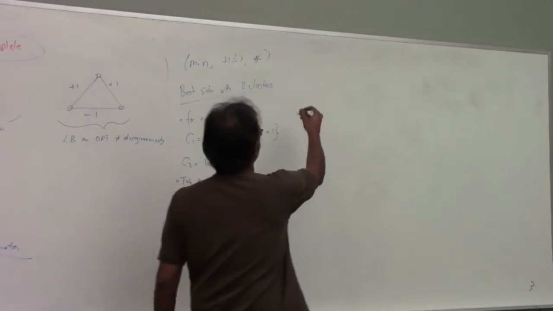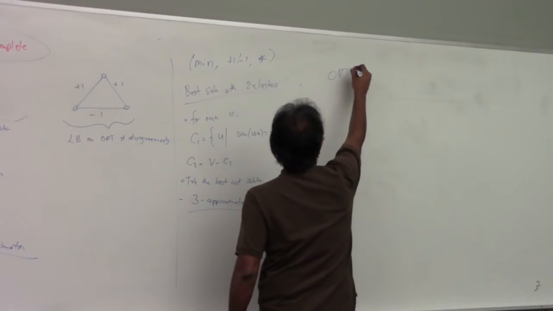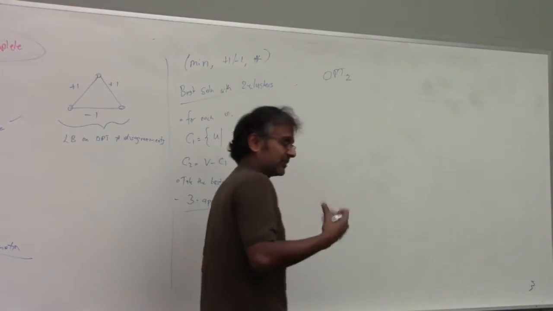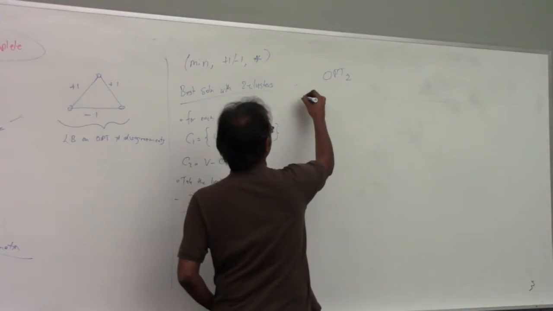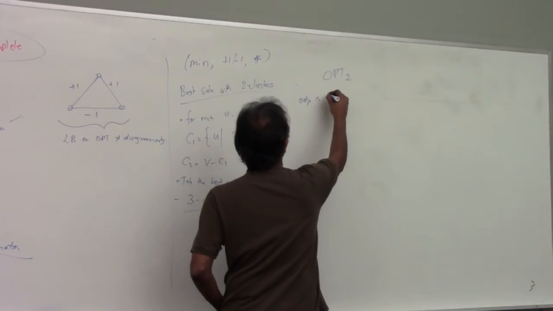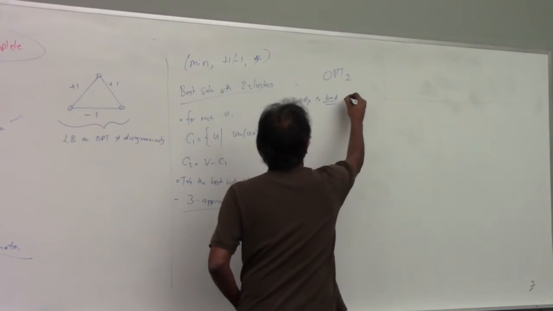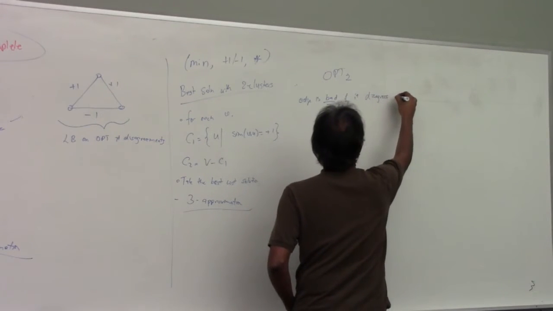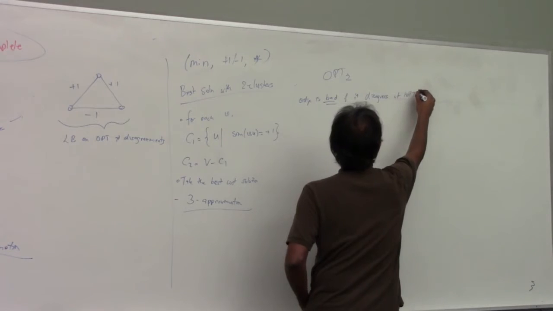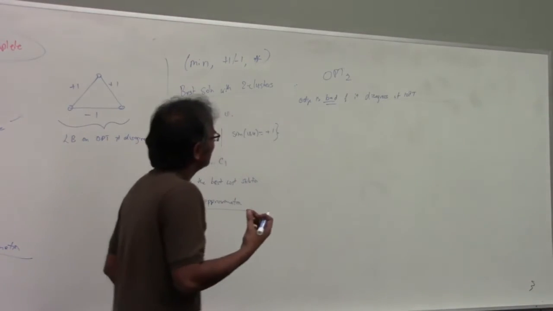So there is some optimal solution which partitions the data into clusters. It's called opt2, because we have 2 clusters. And let's say an edge is bad if it disagrees with opt. So what does that mean?